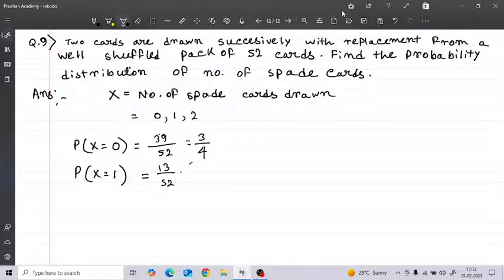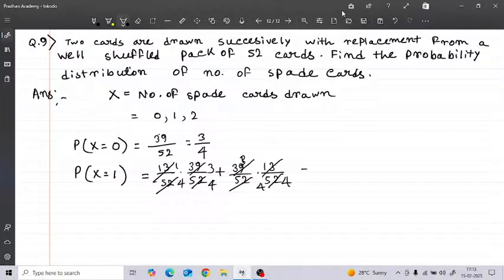Plus, if I didn't get a spade in the first draw, that is 39 by 52, times in the second draw I get a spade card, 13 by 52. So that is 1 by 4 times 3 by 4, plus 3 by 4 times 1 by 4. This is nothing but 3 by 8.